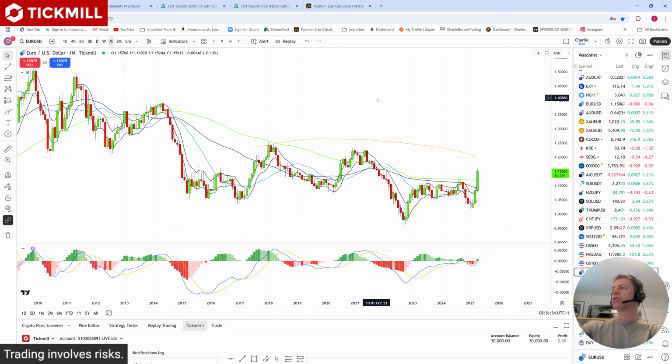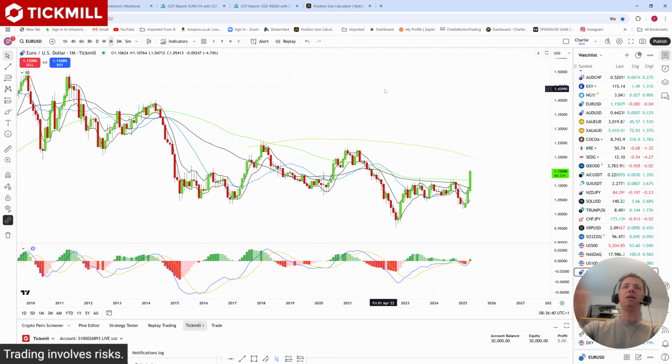So I think there's a good story here for still more upside overall, even if we get a trade deal at some point in the next couple of months. A trade deal itself could lead to a bit of a relief in the dollar. So then we see the likes of the euro and the other currencies pull back a bit at that point.